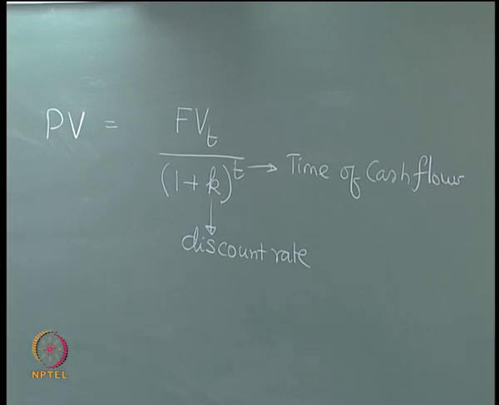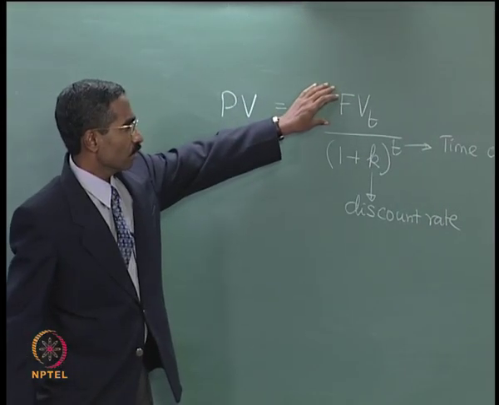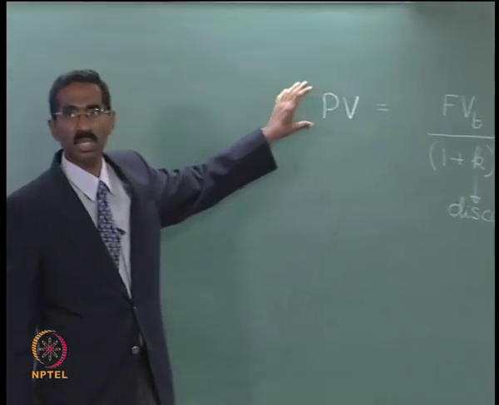So when we discount the future cash flows by a discount rate, we get the present value.